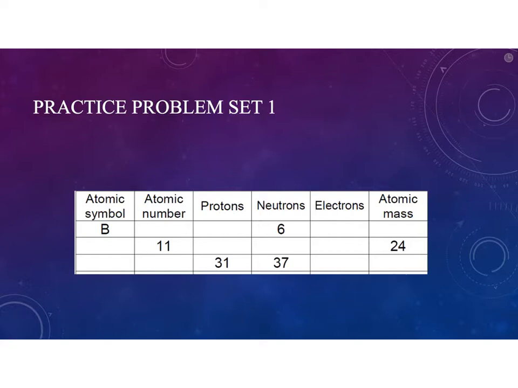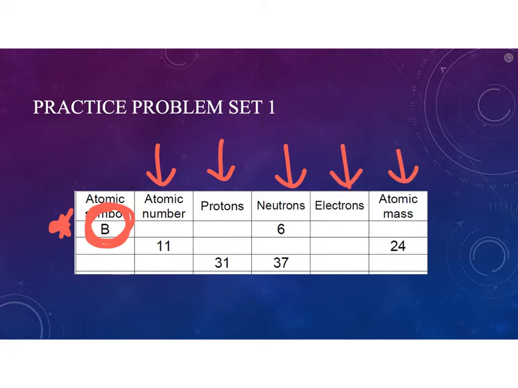So if you go to your reference table, I'll give you a few minutes to solve this. Basically, in this first example, you're being led by the atomic symbol. So find the atomic symbol of boron, I believe, and fill in its corresponding atomic number, protons, neutrons, electrons, and atomic mass.